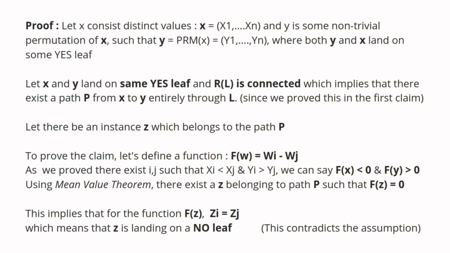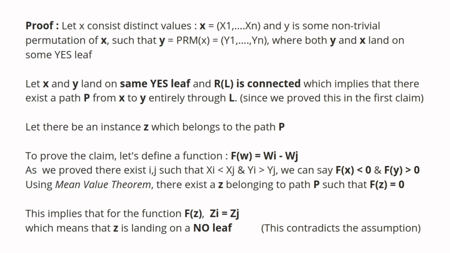As we have proved that there exists an i, j such that x of i is less than x of j and y of i is greater than y of j, we can say, using the formula for f of w, that is the continuity formula, that f of x will be x of i minus x of j, and since x of i is less than x of j, it will always yield a negative value.